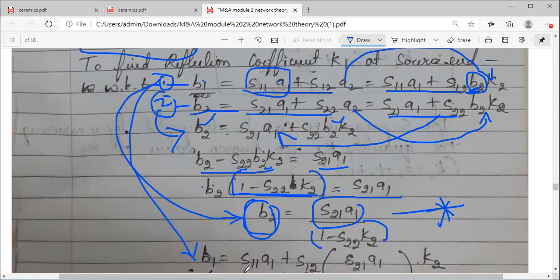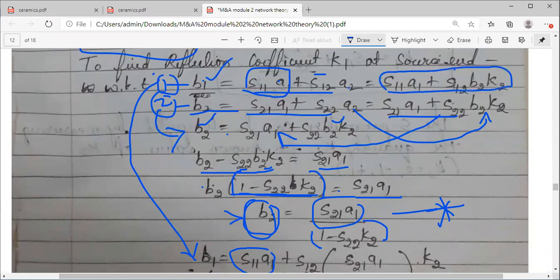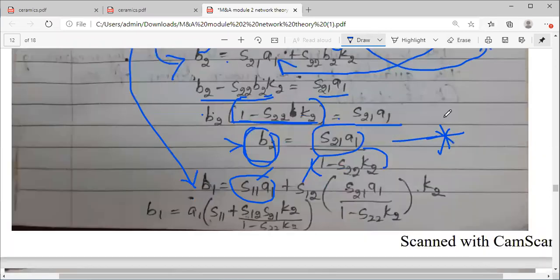S11A1 plus, sorry, not this, here I have to take this. So this is your equation 1, which is B1 is equal to this. Okay, so B1 is equal to S11A1 plus S12 as it is. Here you have B2, so in place of this B2, put this star value.